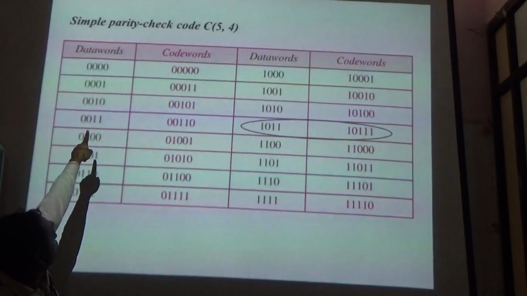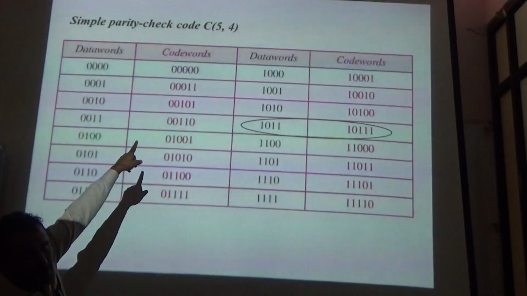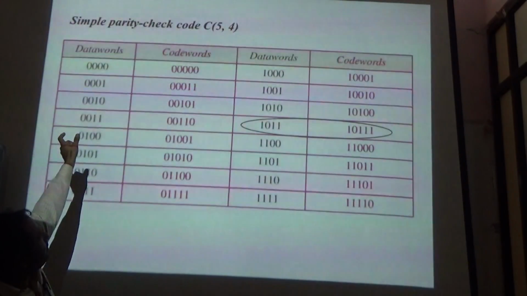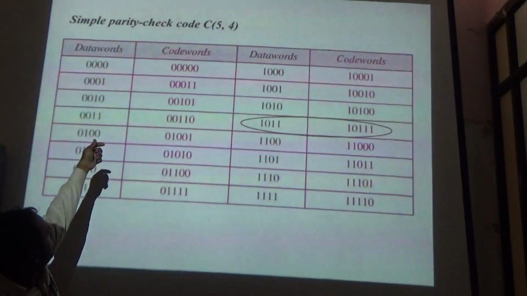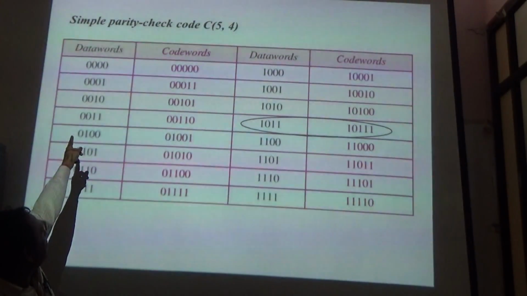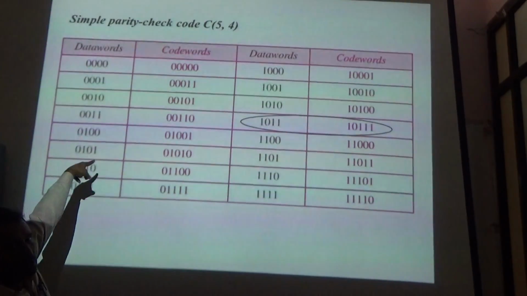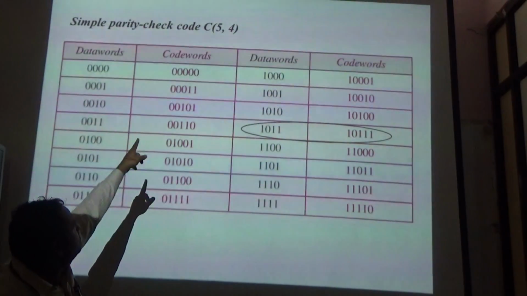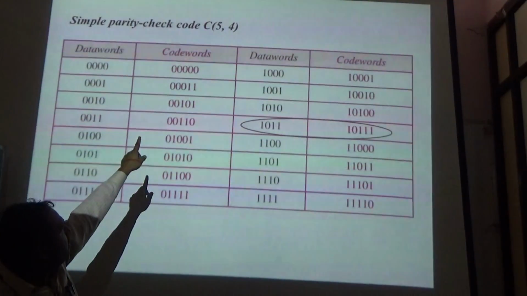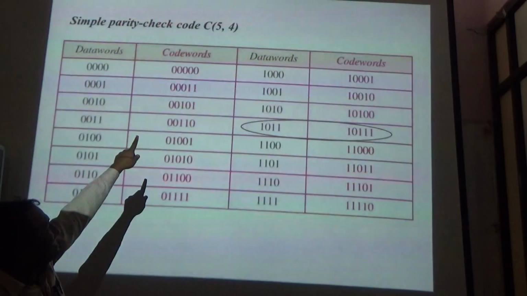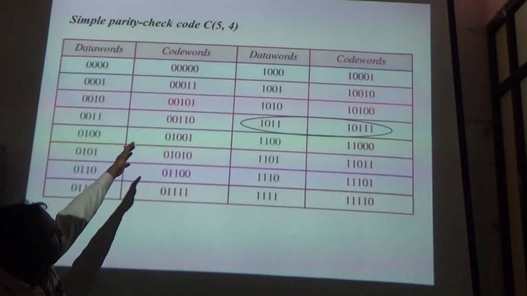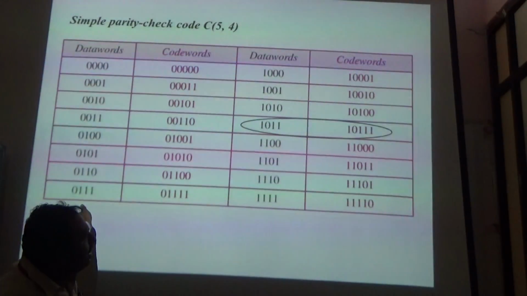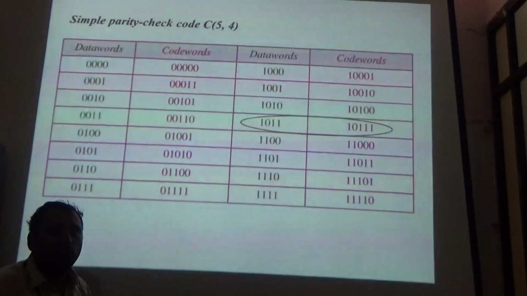Say if it is 0000, then obviously the code word will end in 0 because the number of ones present is 0. In the second case, 3 zeros followed by 1, the number of ones present is 1, an odd number, so odd parity, which means the last bit, the parity bit, will be set high. Depending upon this similar operation, we have found the different code words.